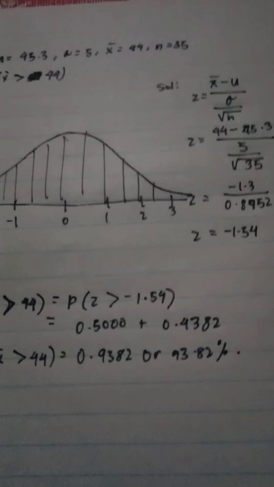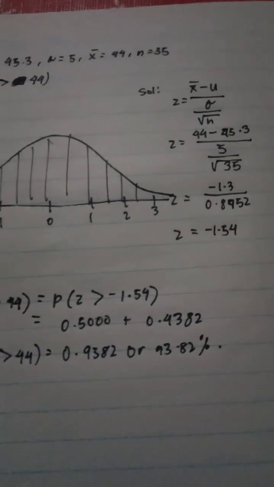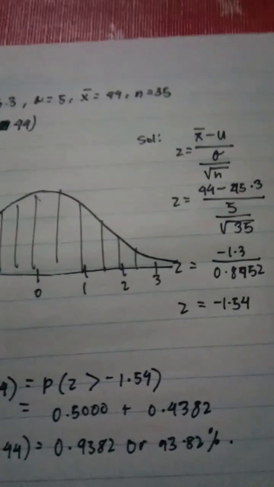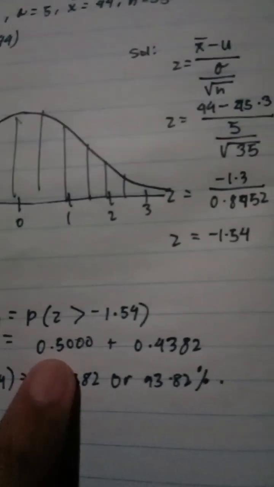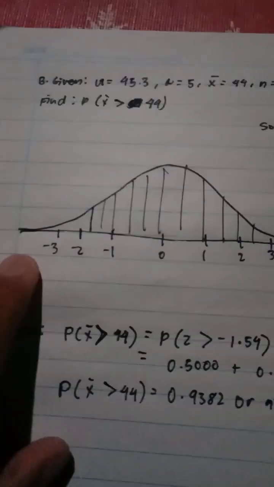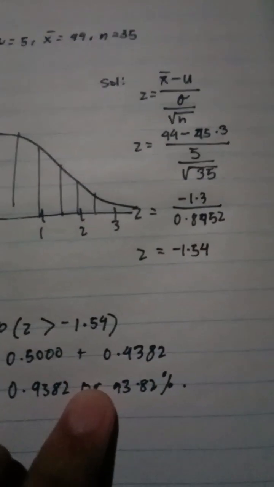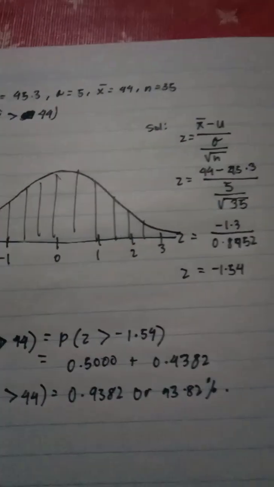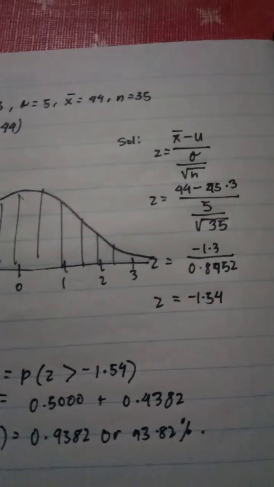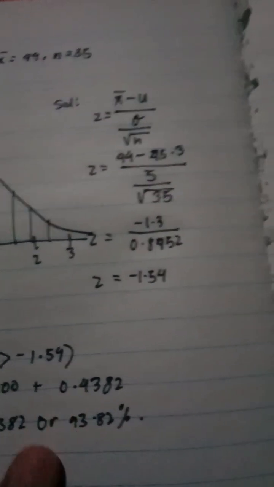And since we need to know the area of the students on the right side, this is what you get: 0.5000, and on the left side is 0.4382, since the area in the z table for negative 1.54 is 0.4382.